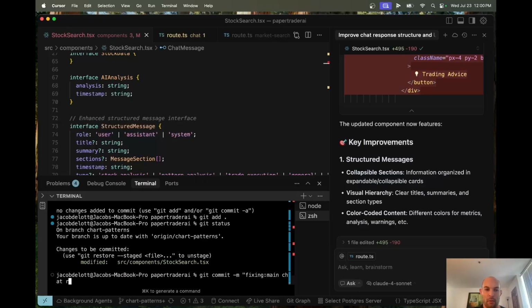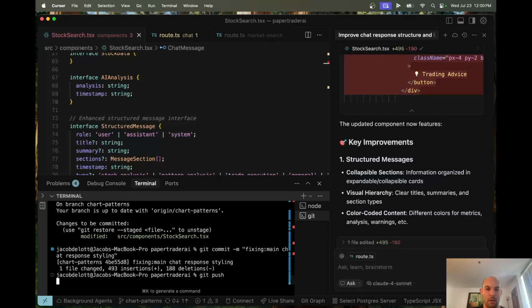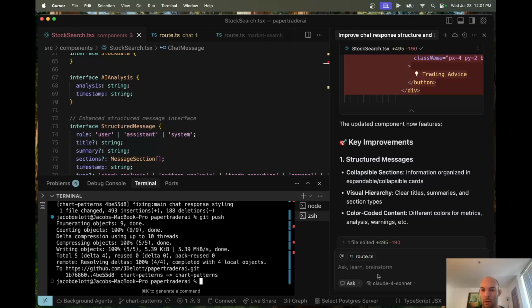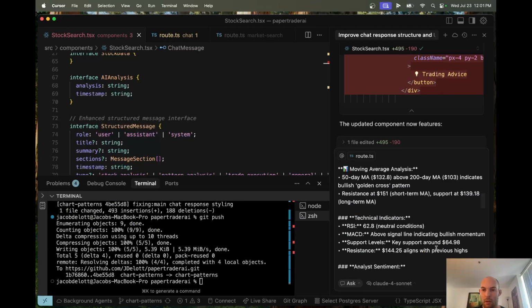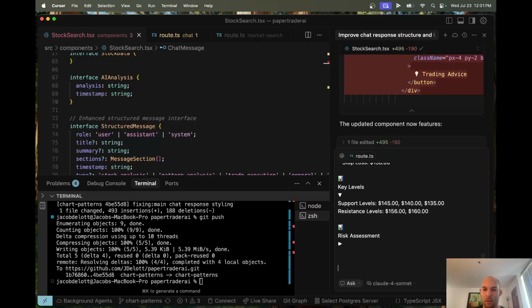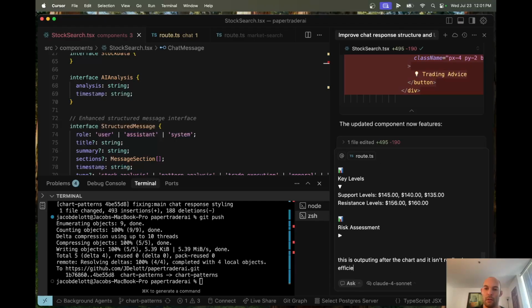In chat response styling. Okay, cool. This is outputting after the chart, and it isn't really clean or efficient.